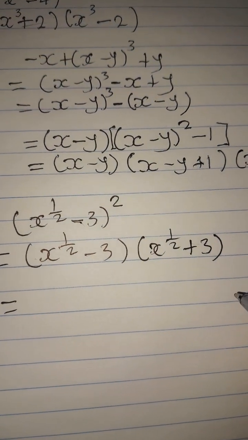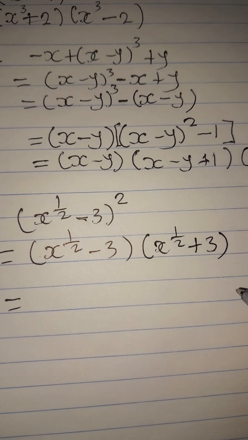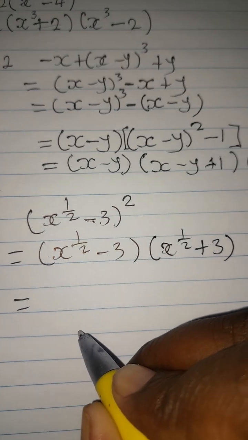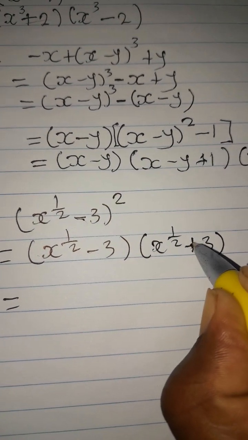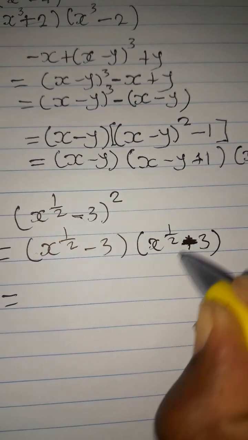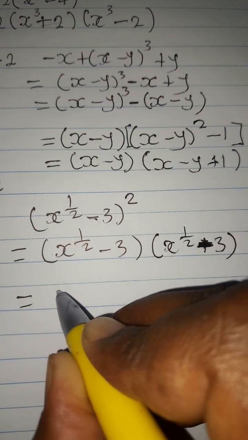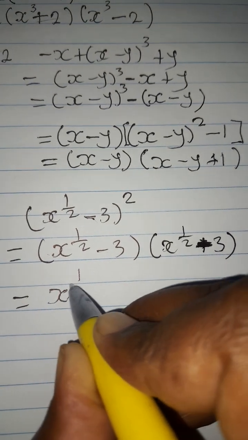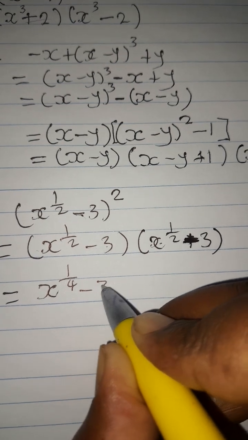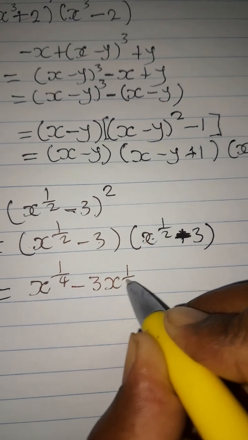Let's work it out. Okay, oh, where did I get plus? It's a minus, sorry for that. So this should be minus as well. So x half and x half, that's x to the power of 1 over 4. Negative 3 multiplied by x half, that will be negative 3x half.